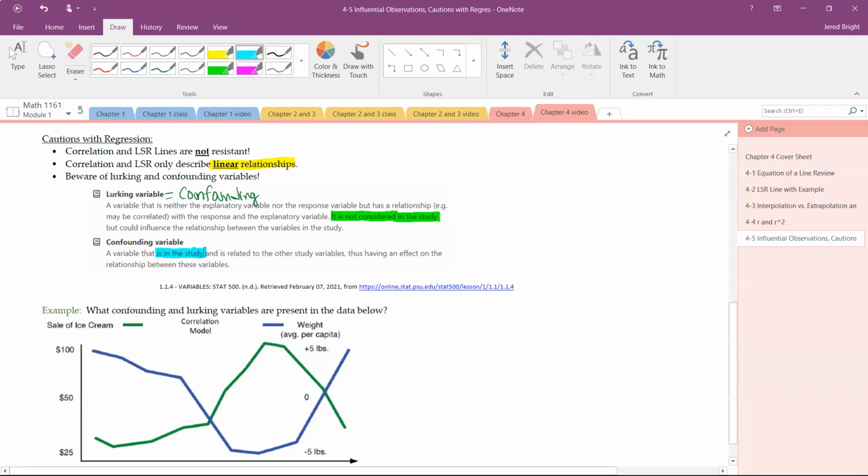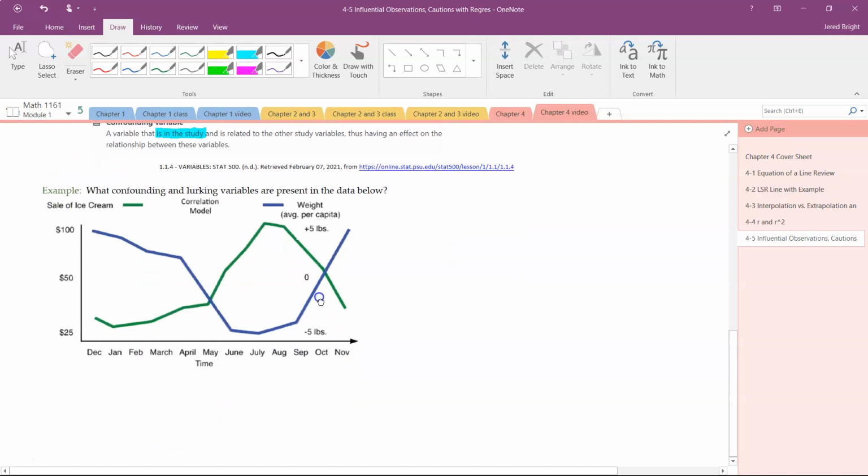You truly could only have a confounding variable if you have multiple explanatory variables, and you might mix them. A lurking variable is something that's not in the study, that is not being controlled for. Confounding is that it is in the study, but you can't separate it out in the response variable. So adjust those definitions as quickly and easily as you can.